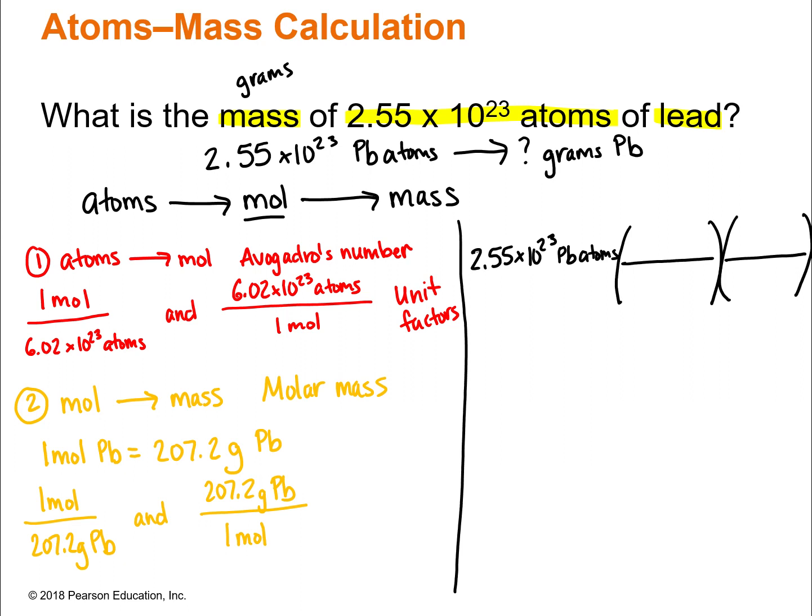We've got atoms in the numerator, so we choose the unit factor that has atoms in the denominator. Just barely fit it, y'all, but we did it. Then we have to choose the unit factor that will convert moles to mass, which is grams. This means the unit factor we choose has to have moles in the denominator.